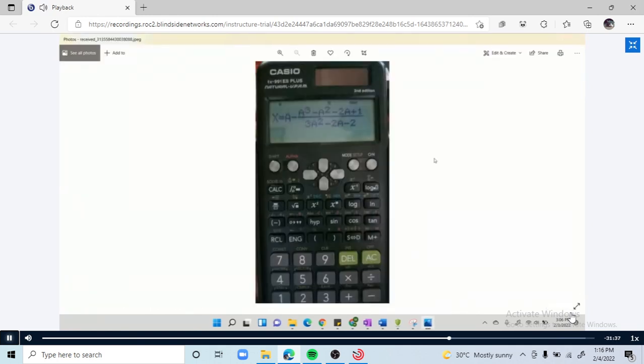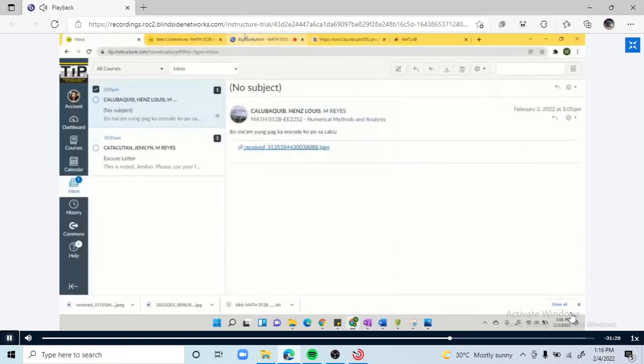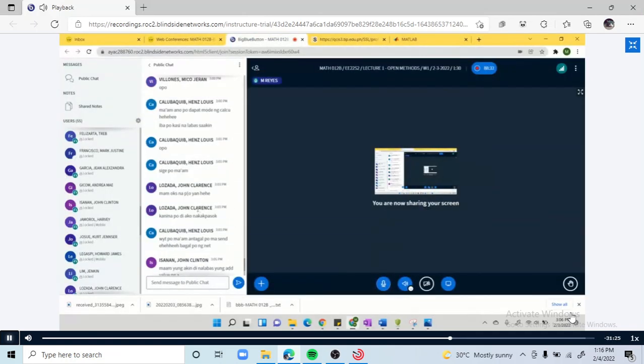Lumalabas. Ano nga yung sabi ni Mr. kanina?